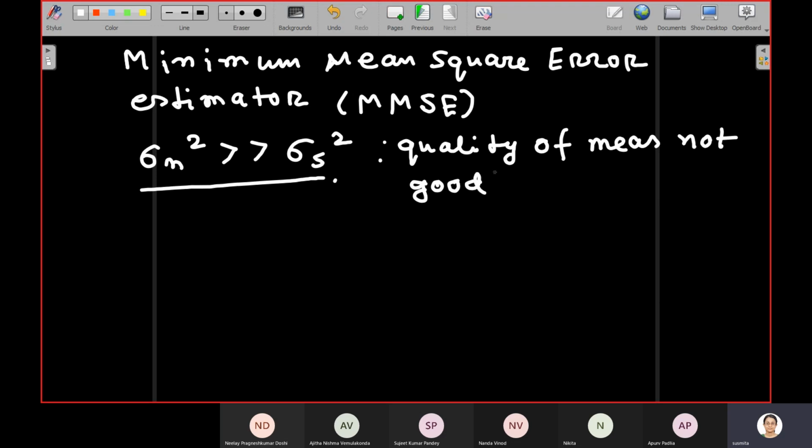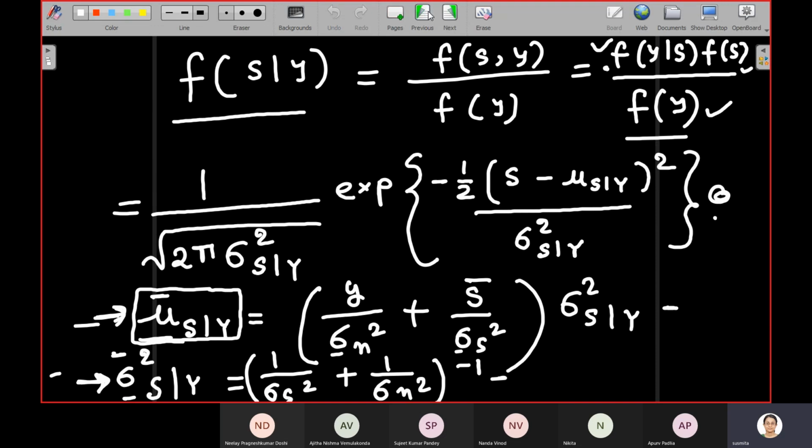Your prior knowledge is better than the measurements that you have made. Now the beauty of this estimator is that it automatically weights the two, measurement and prior. So when sigma n square is large, automatically the first term becomes small and you give more weight on the second term.